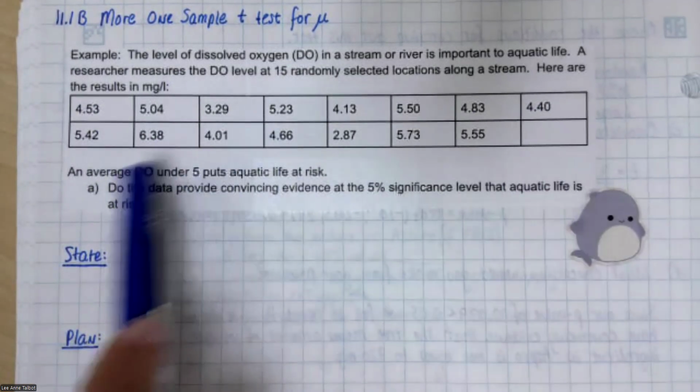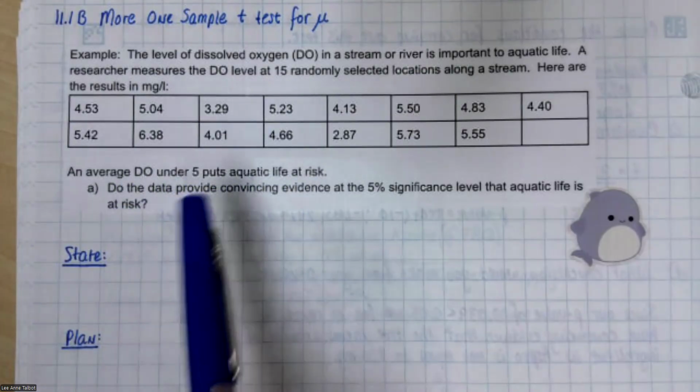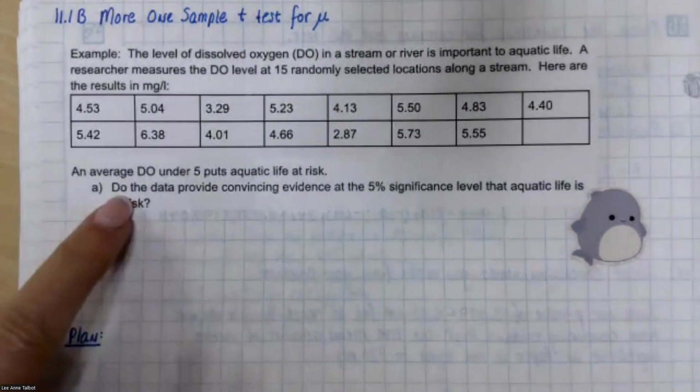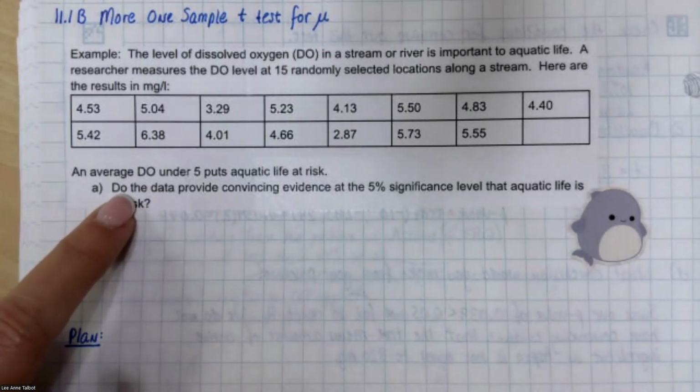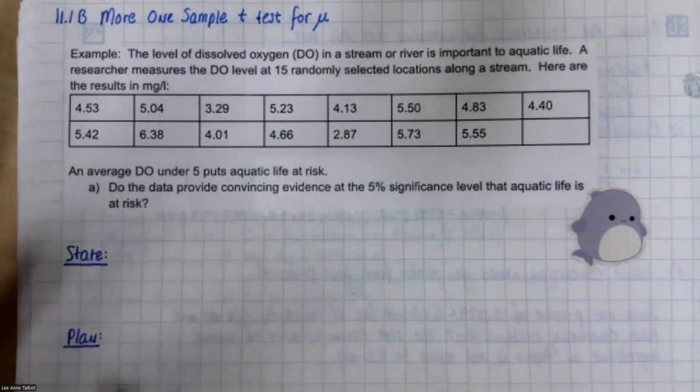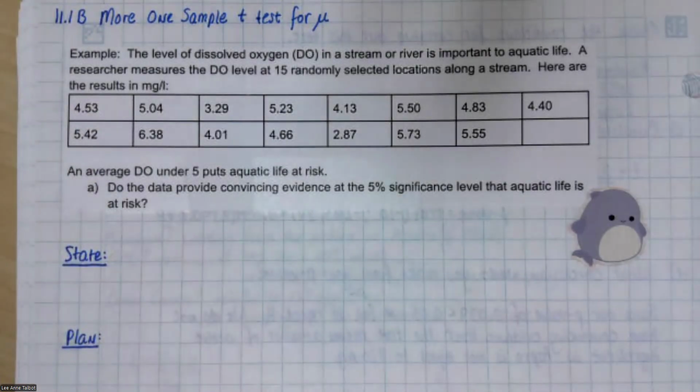An average DO under 5 puts aquatic life at risk. Do the data, by the way, data is plural, so this is grammatically correct. We're saying data is its own plural. Just let that absorb. Provide convincing evidence at the 5% level that aquatic life is at risk.